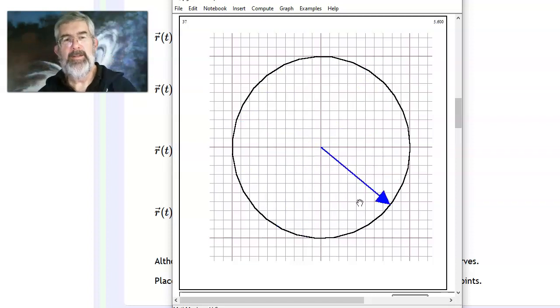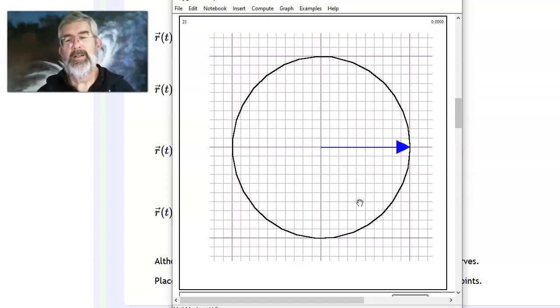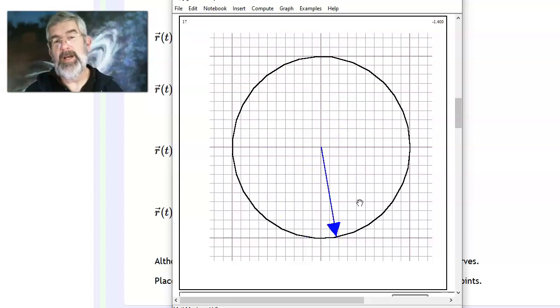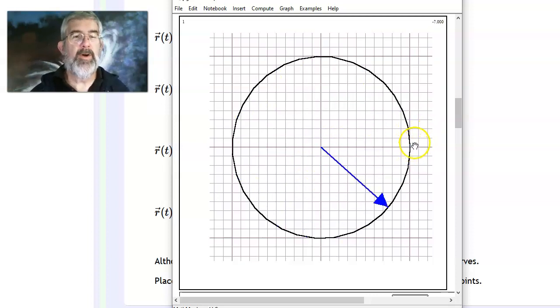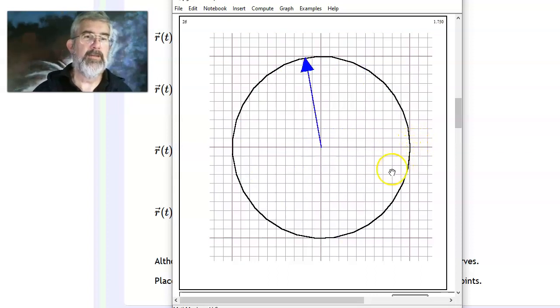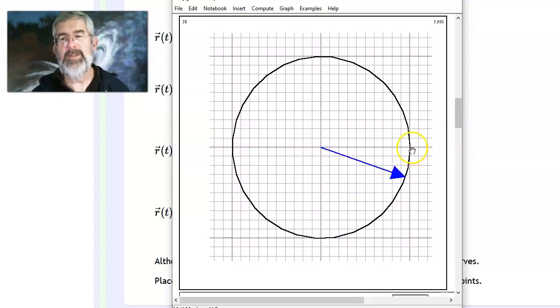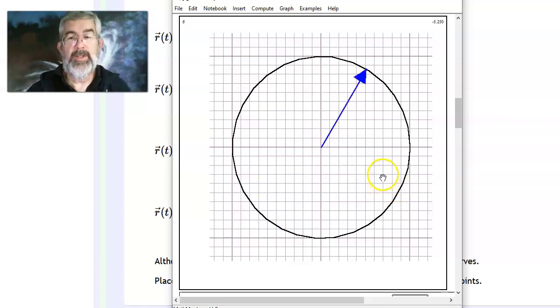On the other hand, the vector function cos t, sine t is tracing that circle out time and time again, and it's doing it in a counterclockwise fashion, starting over here at t equals 0. I mean, it starts at negative infinity, but anyway, it gets to here by t equals 0 and then keeps going around. This is the circle, but it's traced in a particular fashion.